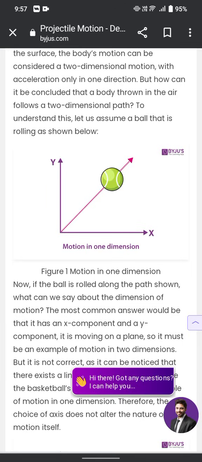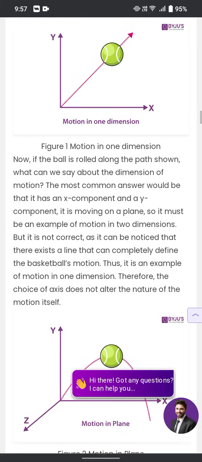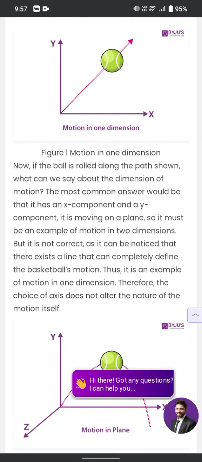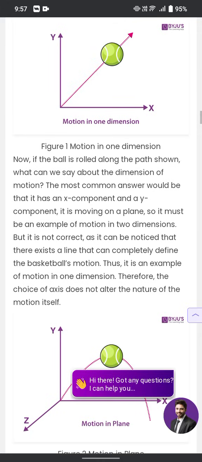It is moving in a plane, so it must be an example of motion in two dimensions, but that is not correct. As can be noticed, there exists a line that can completely define the ball's motion, thus it is an example of motion in one dimension. Therefore, the choice of axis does not alter the nature of the motion itself.